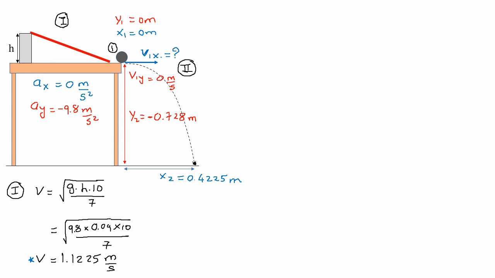So what we're gonna do is use 2 equations, which are just the 2 versions actually of the same equation, and that is y2 equals y1 plus v1y t plus half ay t squared.